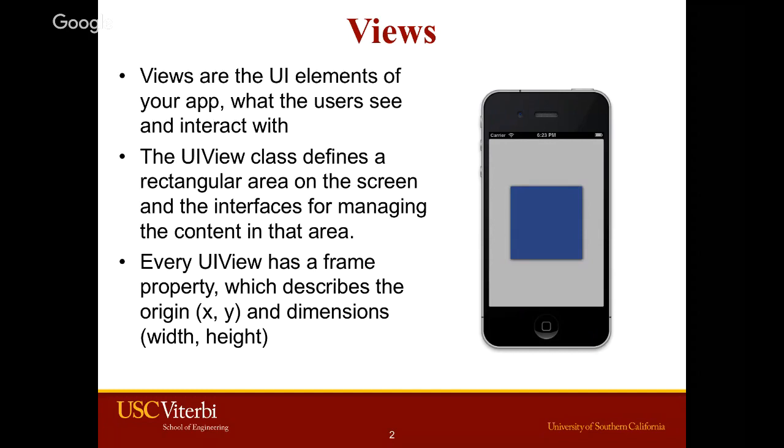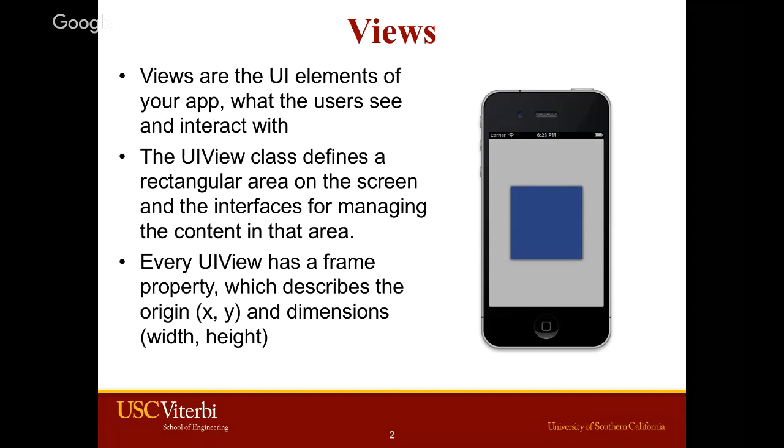In fact, UIView is really the parent class of all of these classes. So in your CS101 class, you guys probably learned about inheritance, right? You have these children classes that inherit functionality from your parent class. So UIView is the parent object of all of these classes.